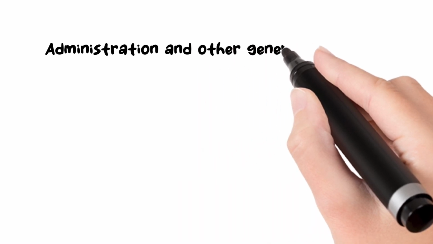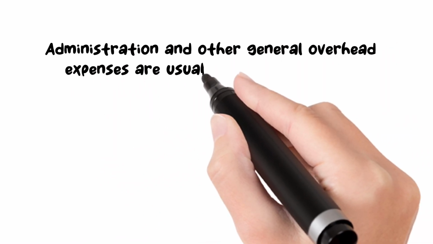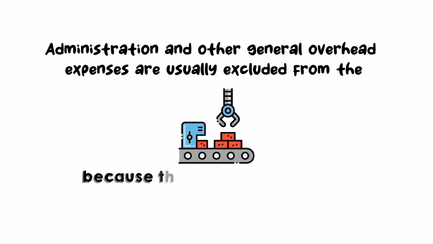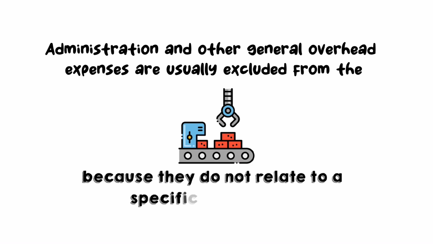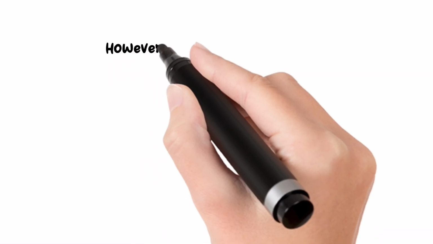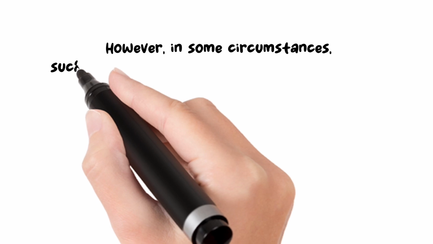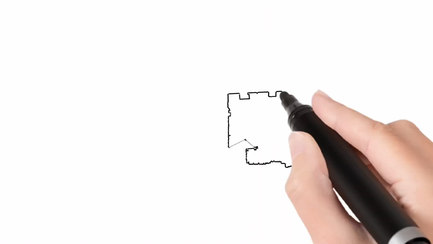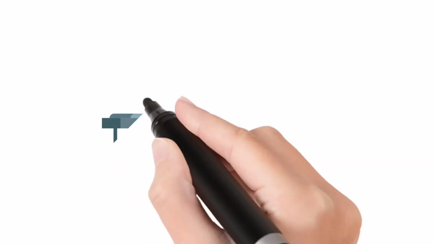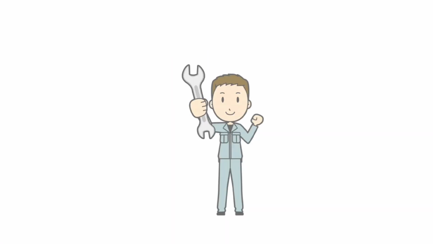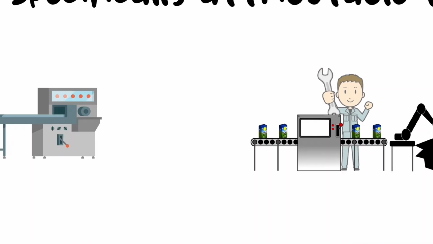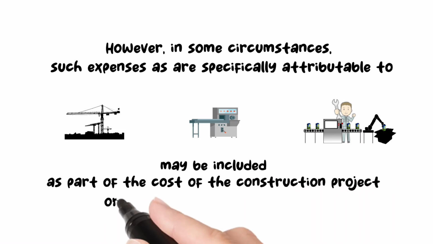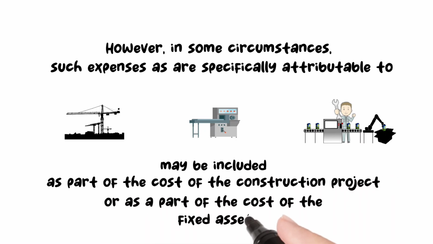Administration and other general overhead expenses are usually excluded from the cost of fixed assets because they do not relate to a specific fixed asset. However, in some circumstances, such expenses as are specifically attributable to construction of a project or to the acquisition of a fixed asset or bringing it to its working condition may be included as part of the cost of the construction project or as a part of the cost of the fixed asset.